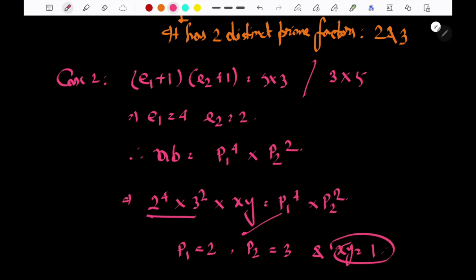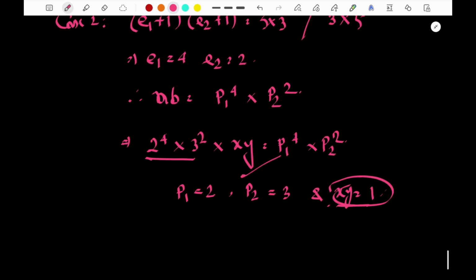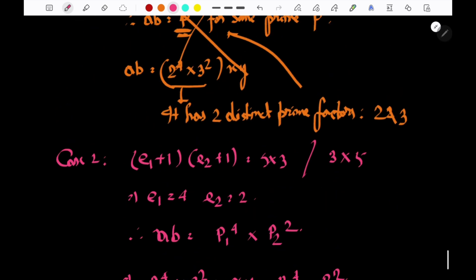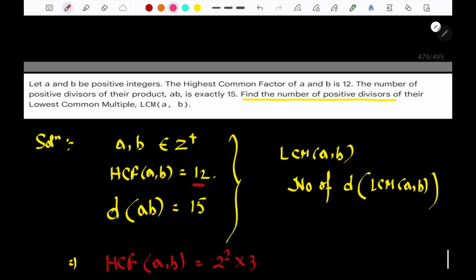But xy is 1. Now you will ask me, okay sir, how do we conclude that xy is 1? See, first analogy. What was the question? The question was A and B are positive integers, HCF is 12, and the number of positive divisors was given.